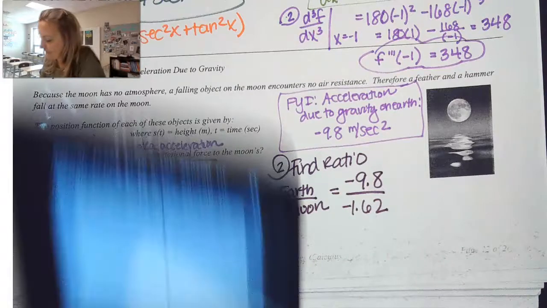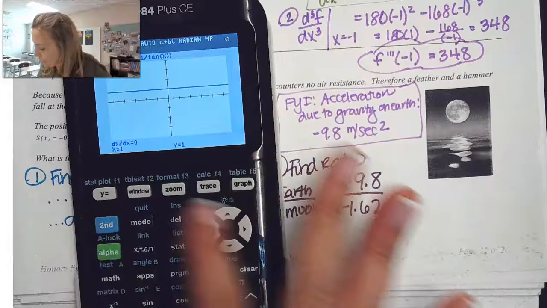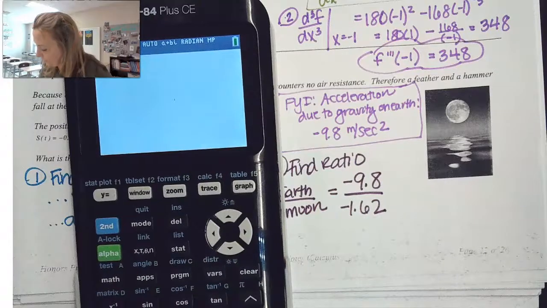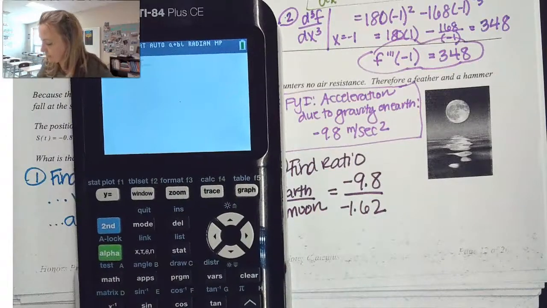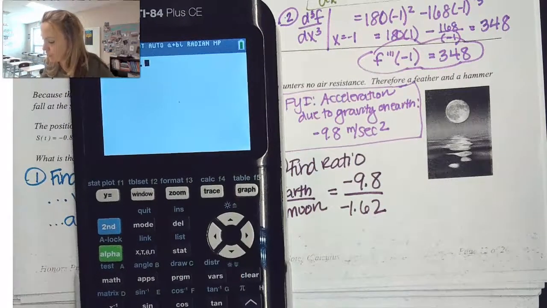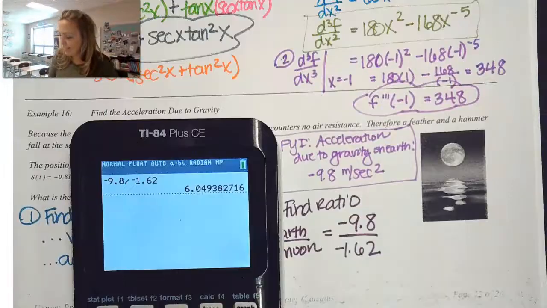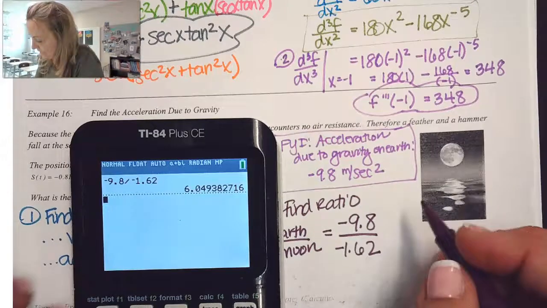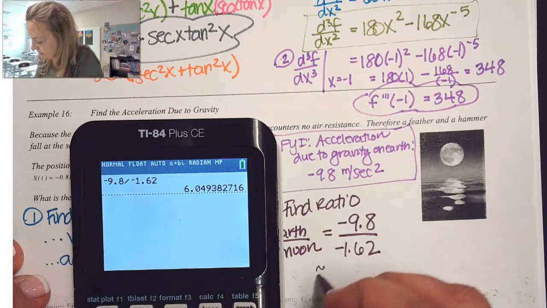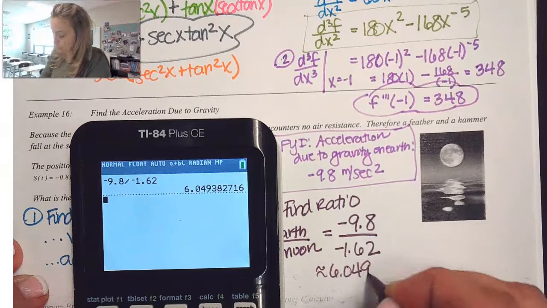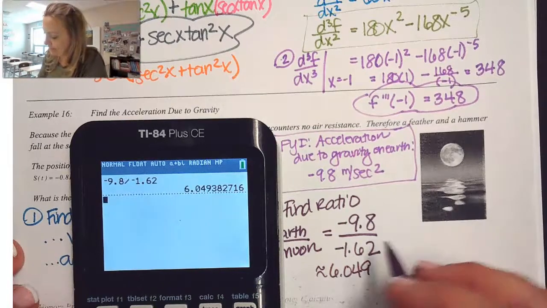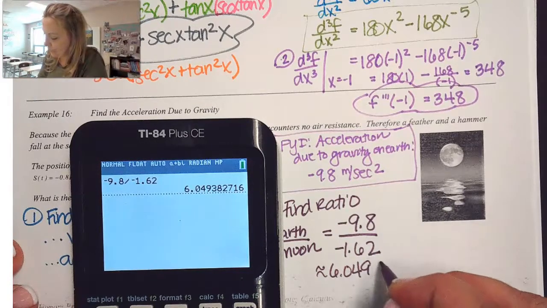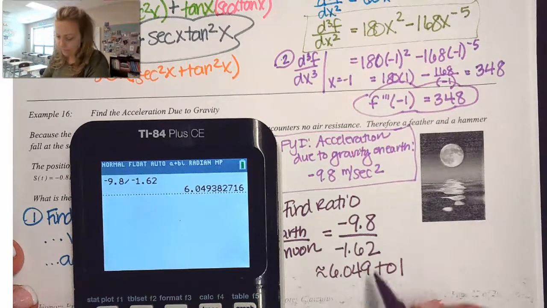So our units would cancel. Then we would just take negative 9.8 divided by negative 1.62, and that gives me about 6.049. So it's about 6.049 to 1 if we're doing a ratio.